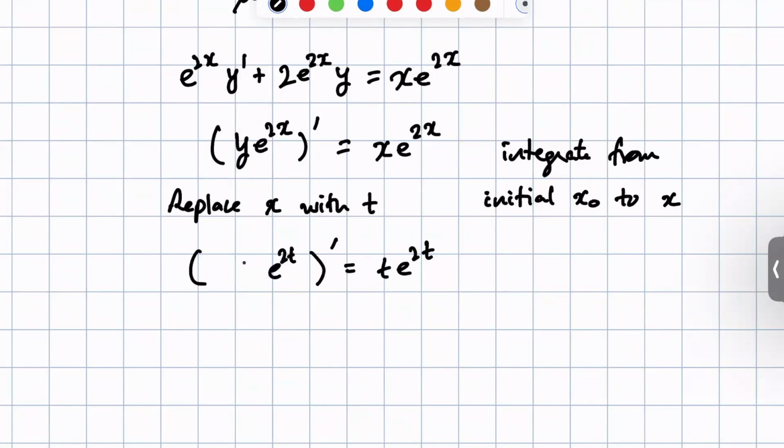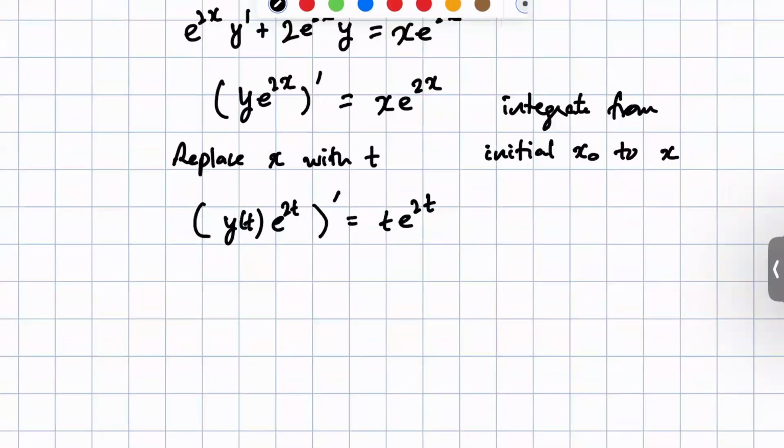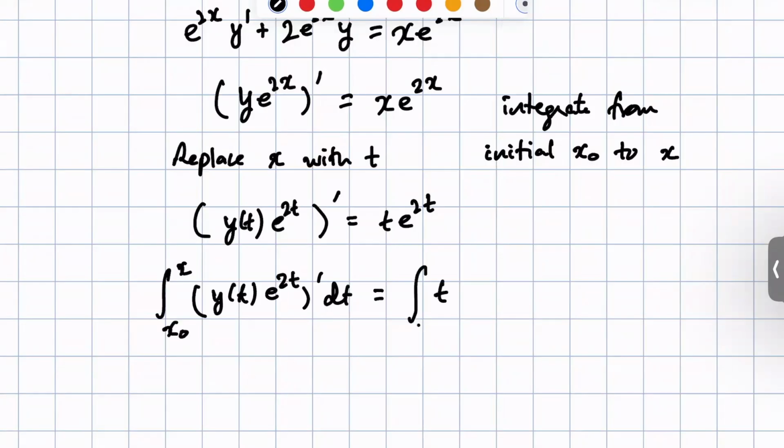Now, instead of just plain old y, I'm going to write y of t. So now I'm going to integrate both sides from x0 to x: y of t e to the 2t prime dt equals the integral from x0 to x of t e to the 2t dt.